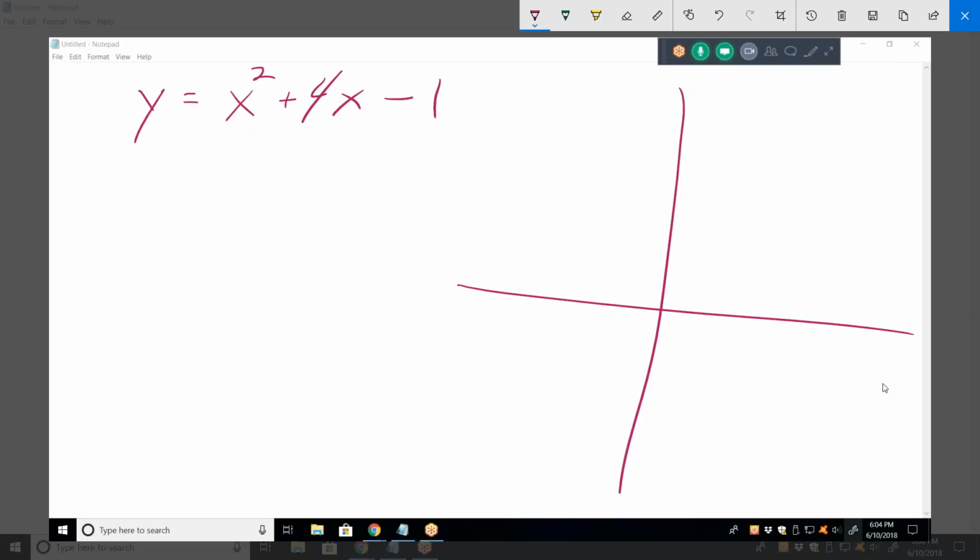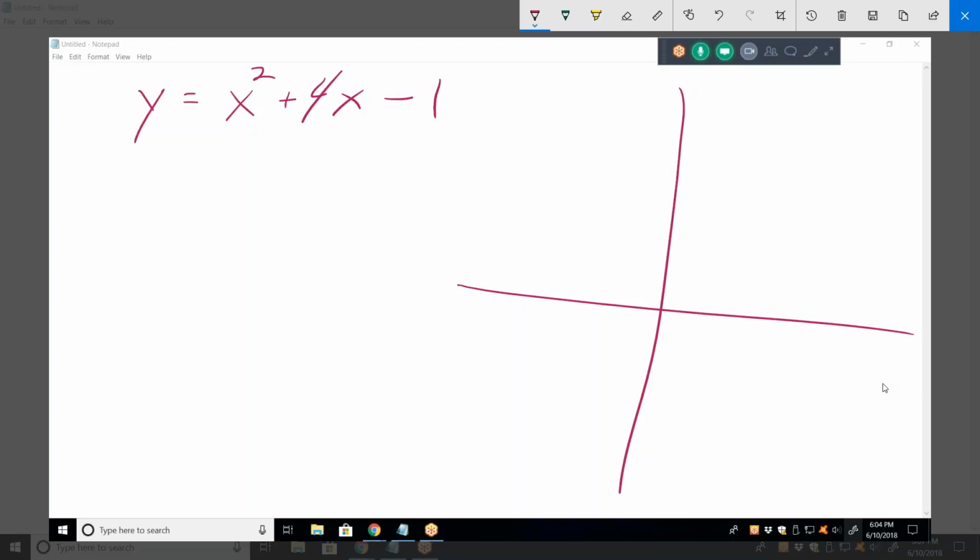There's another way to do this, which is to put it into vertex form by completing the square. But quite frankly, I think that's actually harder to do. Which one do you know how to do? That's the key. You've got to be able to always find the vertex.